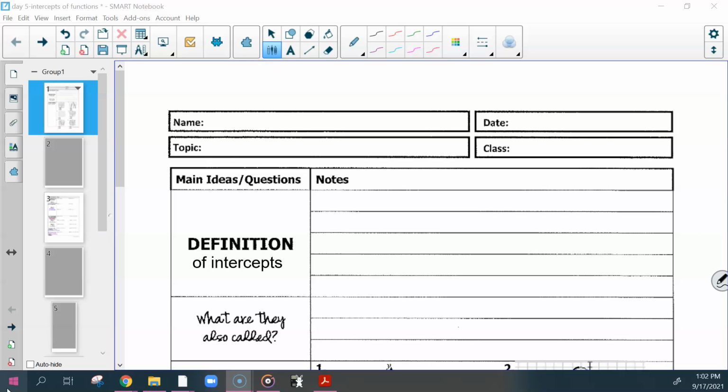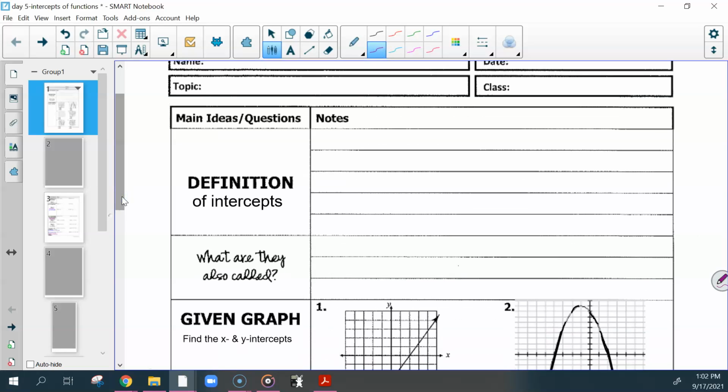When doing intercepts, our x-intercept algebraically is when y equals 0. Graphically, it is where it touches or crosses the x-axis. Finding the y-intercept is the opposite. So when x is 0, and where it touches or crosses the y-axis. So I'm going to now write that, but just know that's what I said.